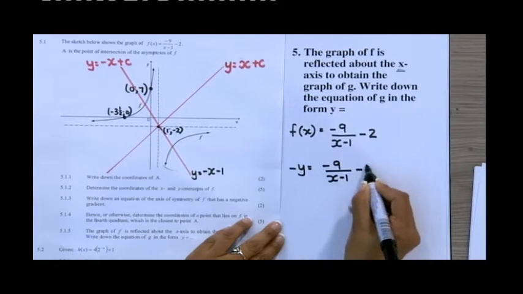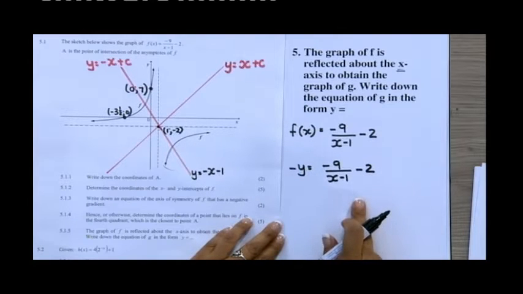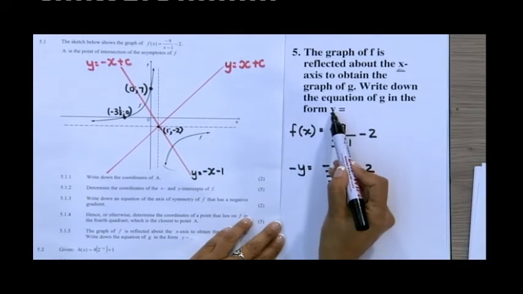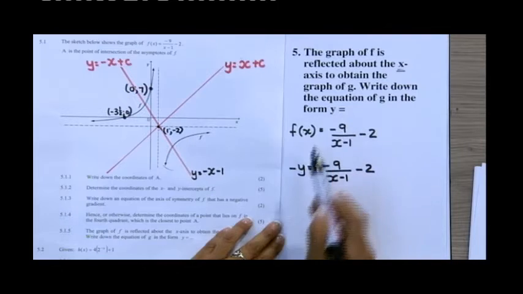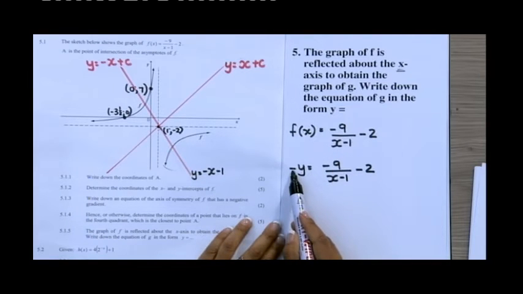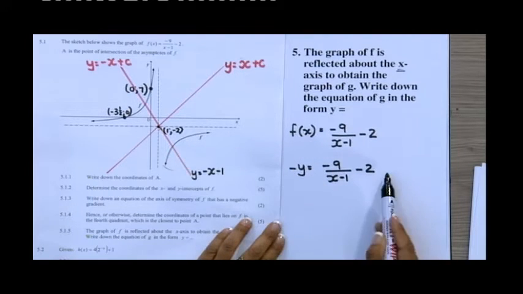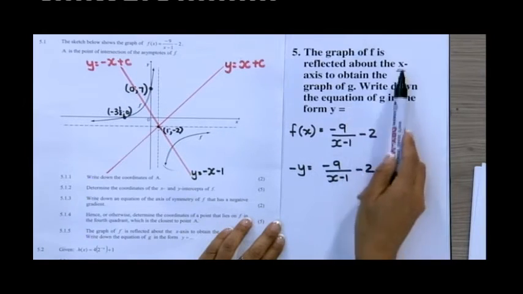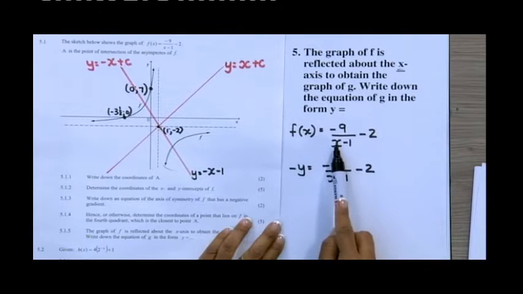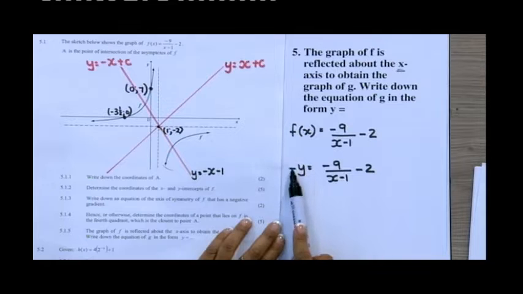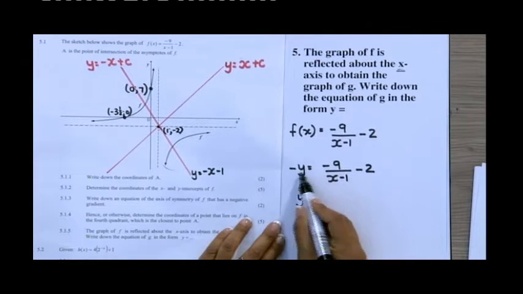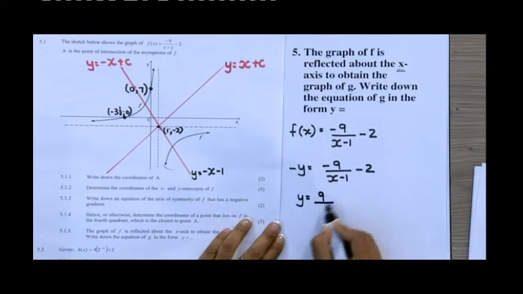So I just did my reflection, but now I have to write it in the form y equal to, but you have a negative y. So you're going to multiply straight through by a negative. Grade 11s, when you reflect a graph over the x-axis, keep your x the same, change your y to a negative and get y alone. Divide by a negative, so that negative becomes a positive.